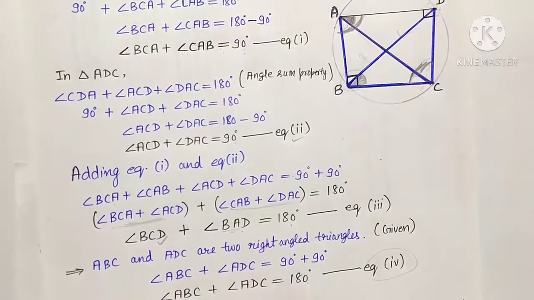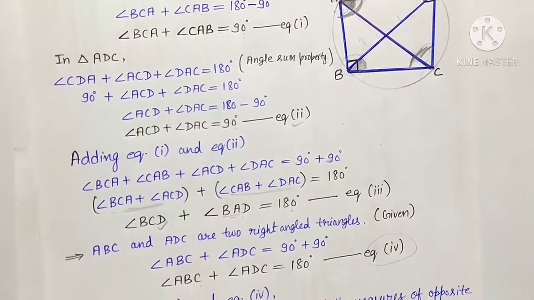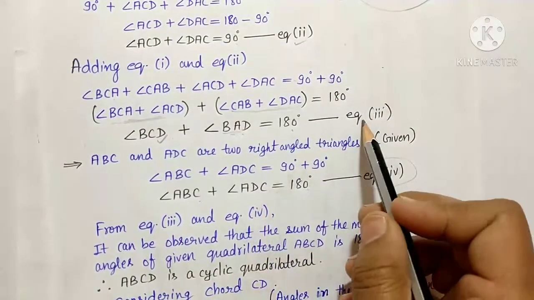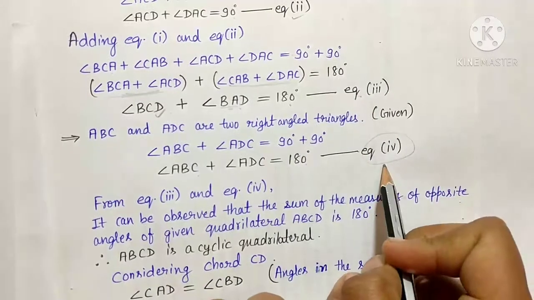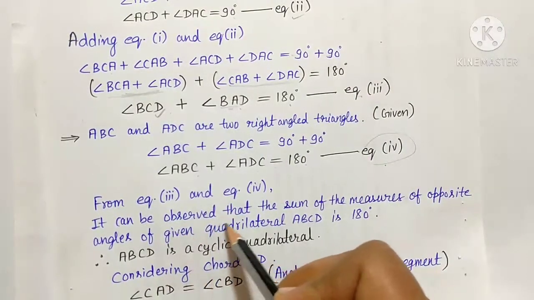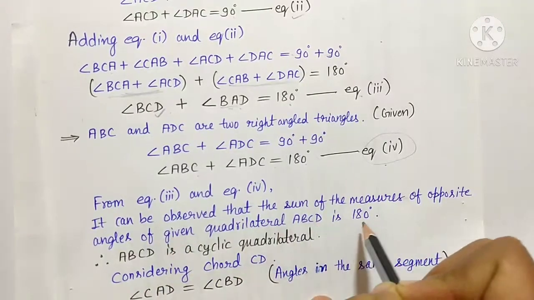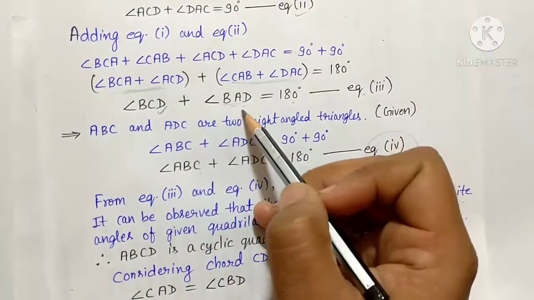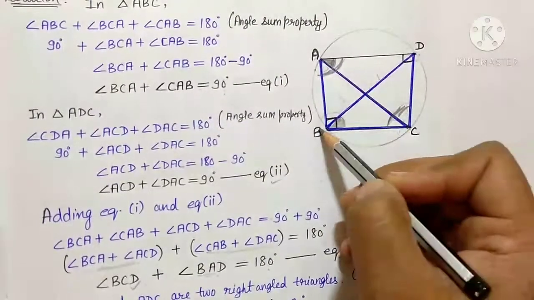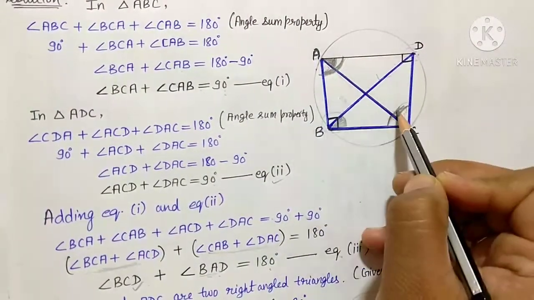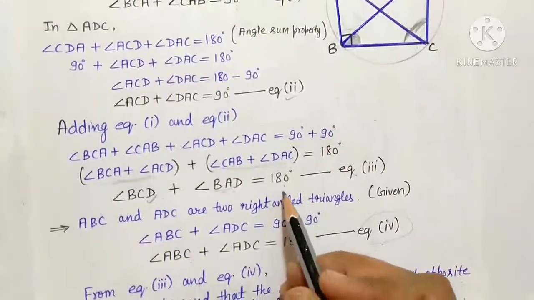Now how will these equations help us? Just check equation third and equation fourth. It can be observed that the sum of the measures of opposite angles of the given quadrilateral ABCD is 180. Just check: BCD plus BAD, these are the opposite angles, this and this, and their sum is 180.